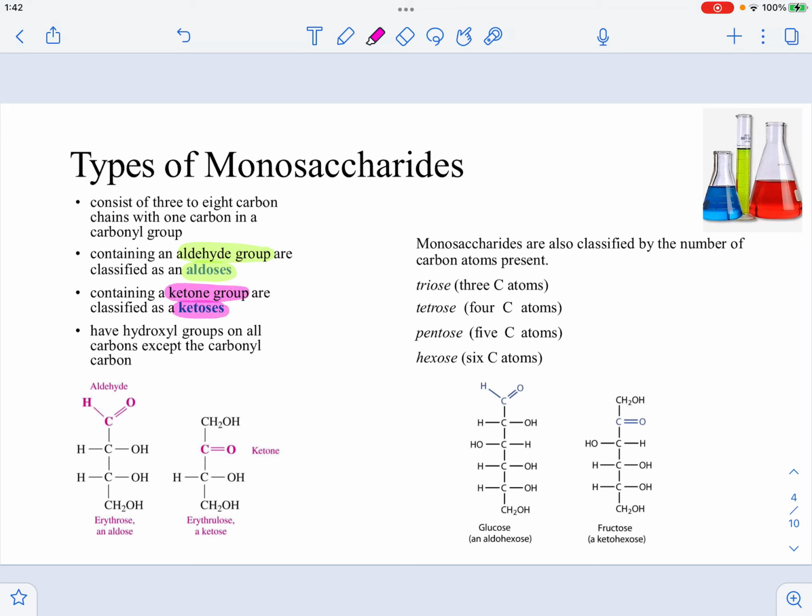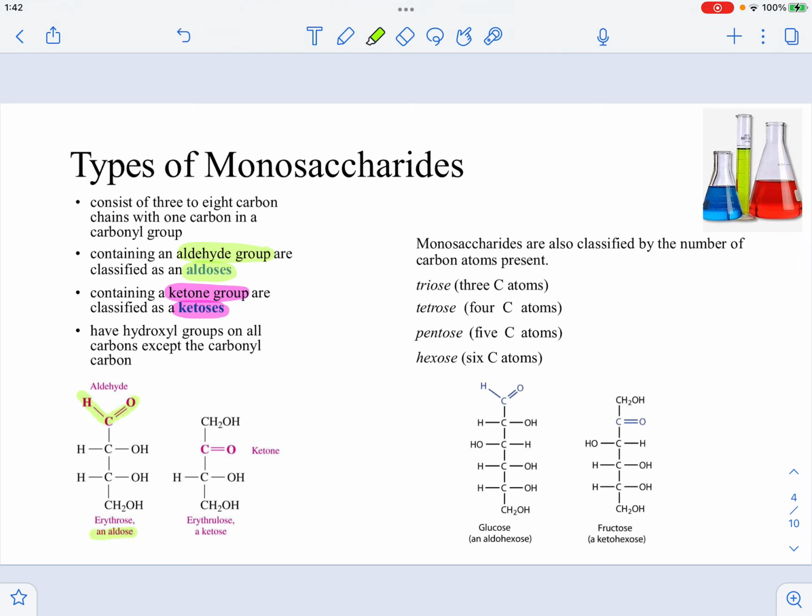You can observe from the examples of erythrose and erythrulose that erythrose has an aldehyde functionality, which is why it's known as an aldose, while erythrulose has a ketone functionality, and that's why it's known as a ketose.